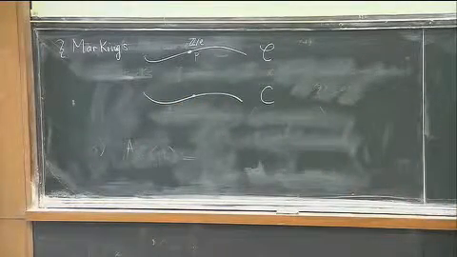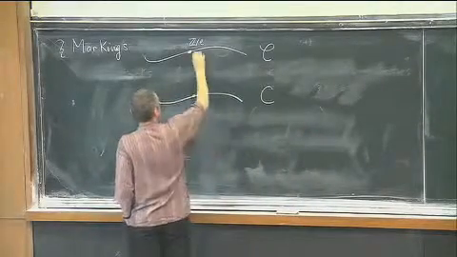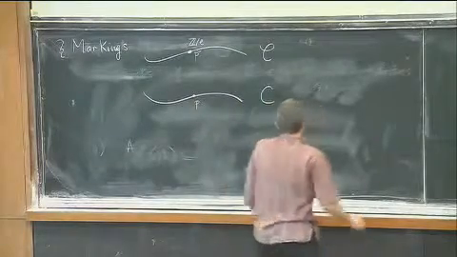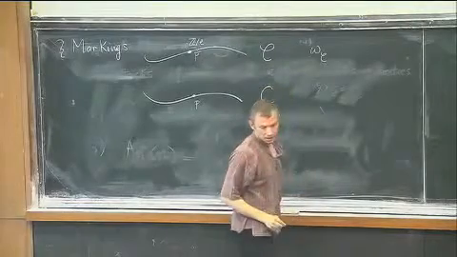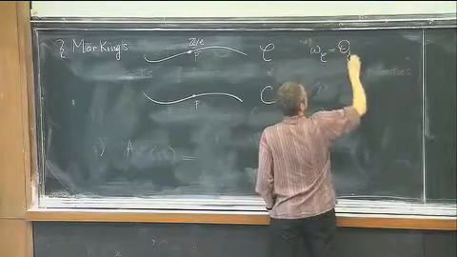C is uniquely determined by the position of this point, let's call this P and this P tilde, and the order of the stabilizer. And I can even say more. Let's see what omega C is. Well, let's speak about divisors.